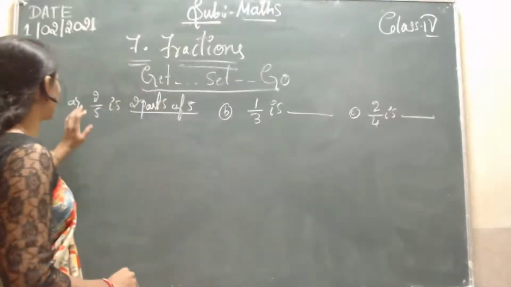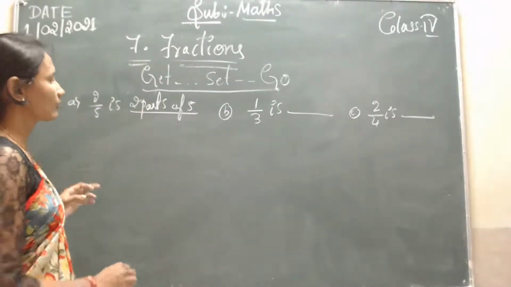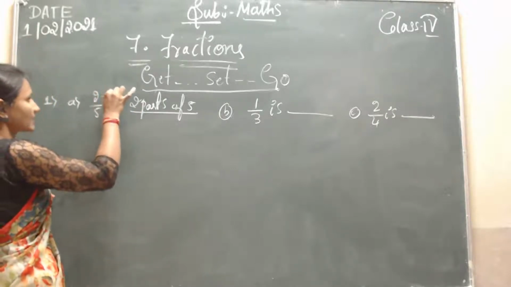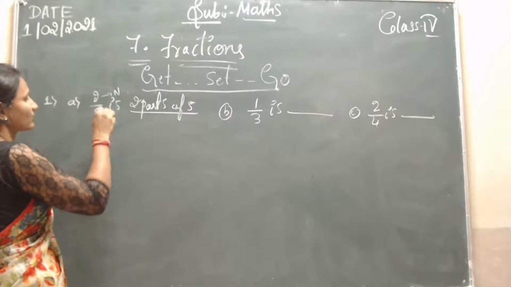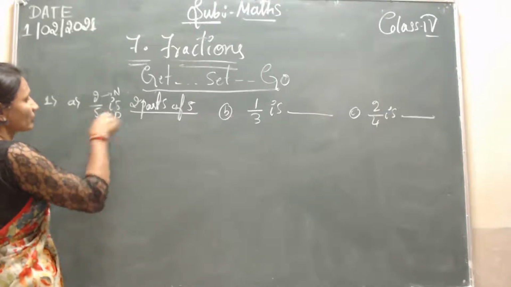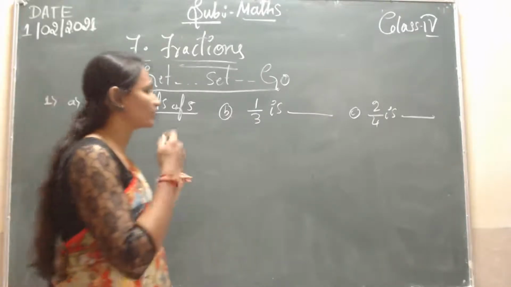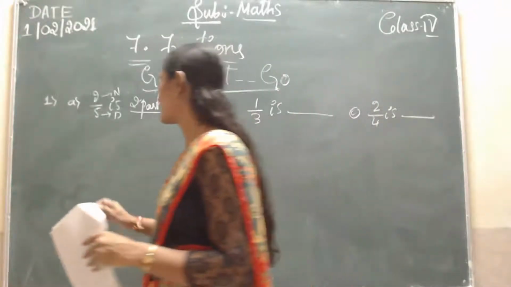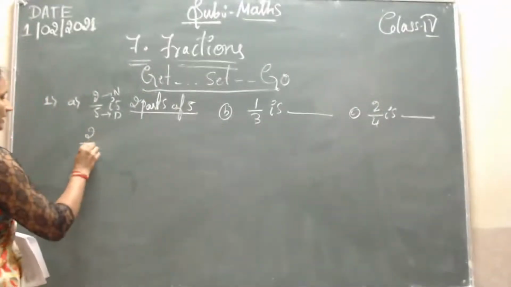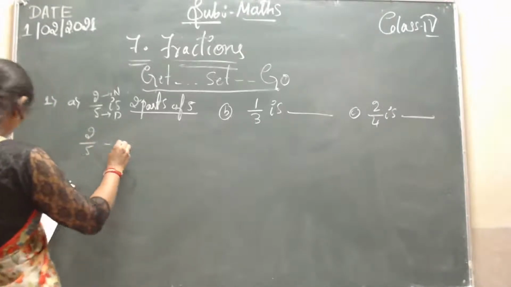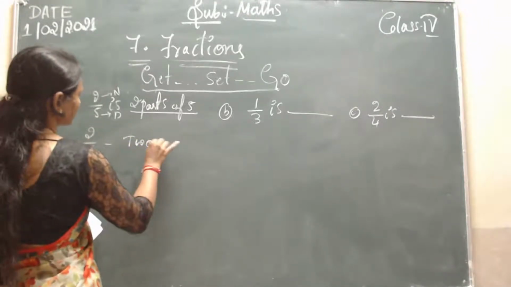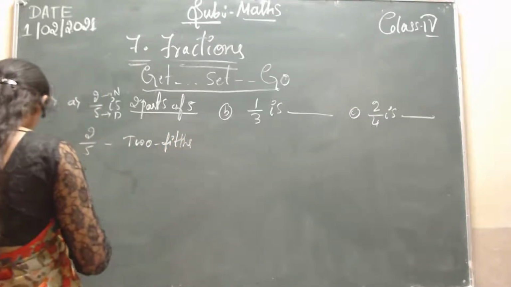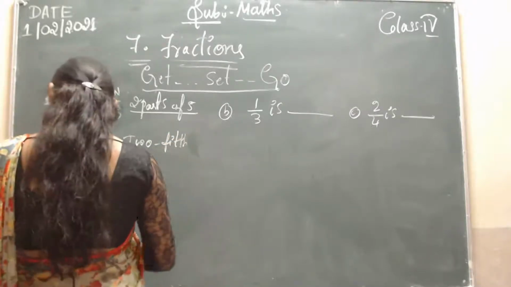2 by 5 means two parts of 5. In 2 by 5, 2 is the numerator and 5 is the denominator. So consider numerator by denominator. Students, this is how to write it: 2 by 5 means 2/5.